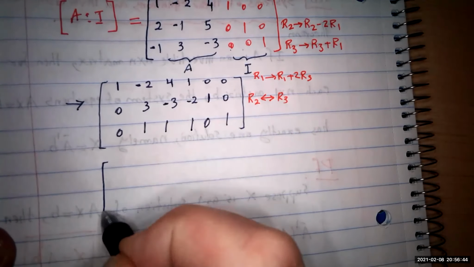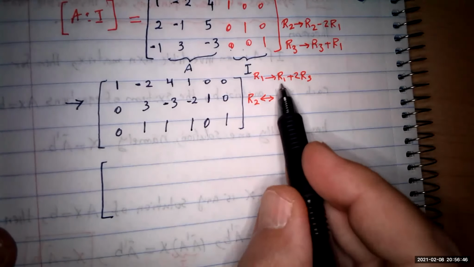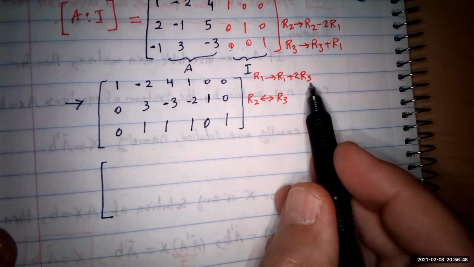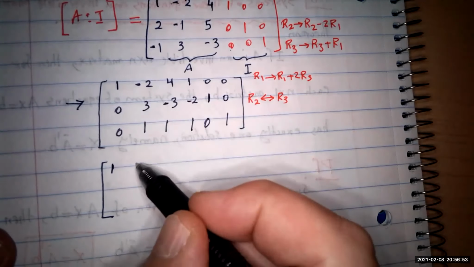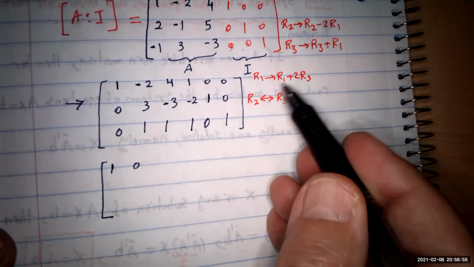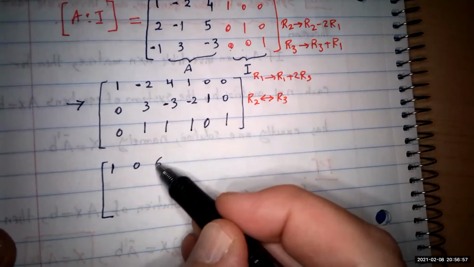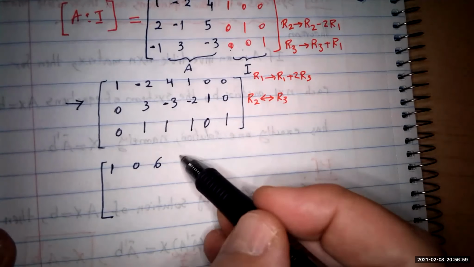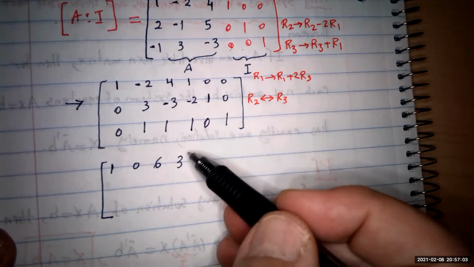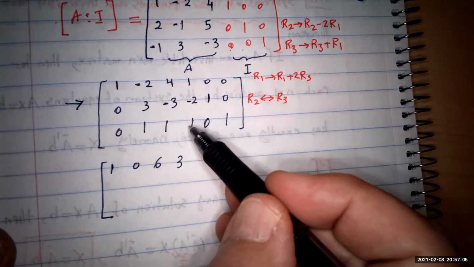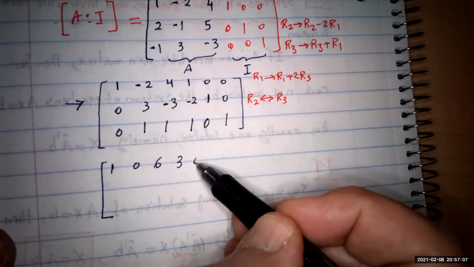So this is going to be the result. R1 and 2R3. So they're going to be 1, 2R3 makes it into the 0. Okay, 2R3 makes it into the 6. 2R3, this is going to be 3. 2R3 would be 0.